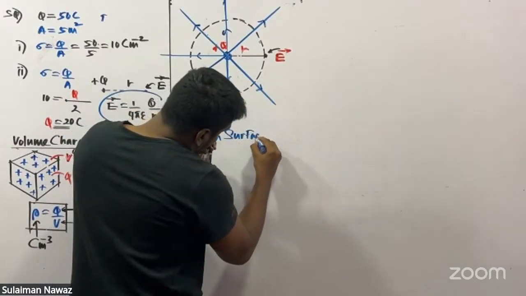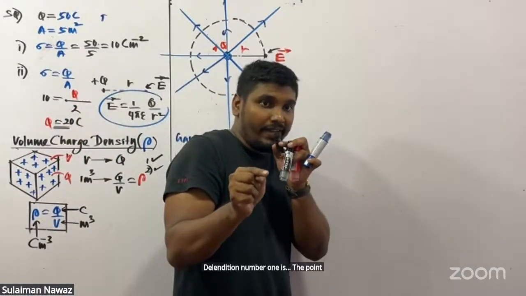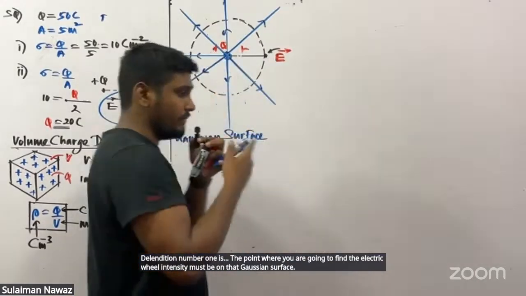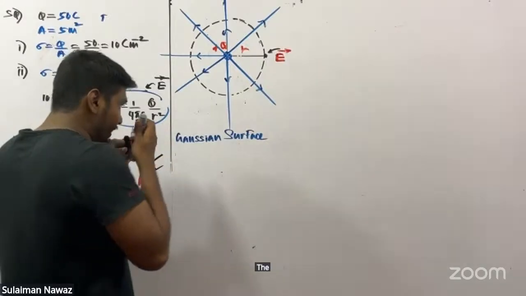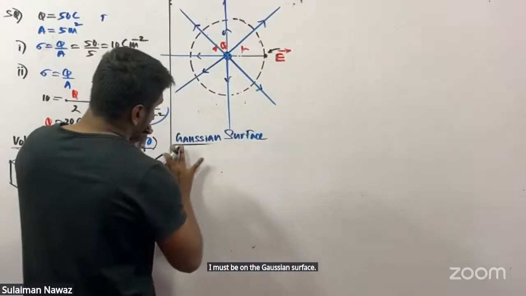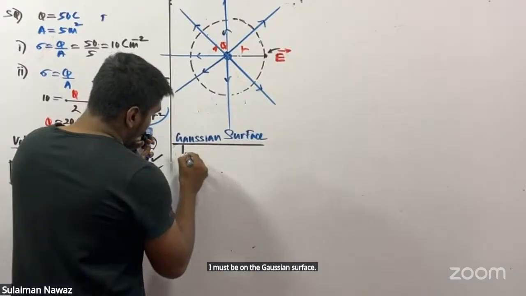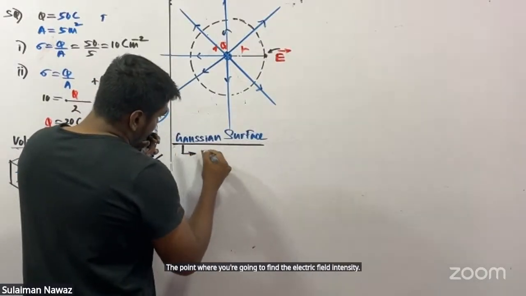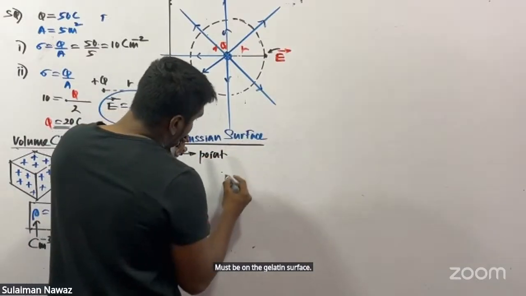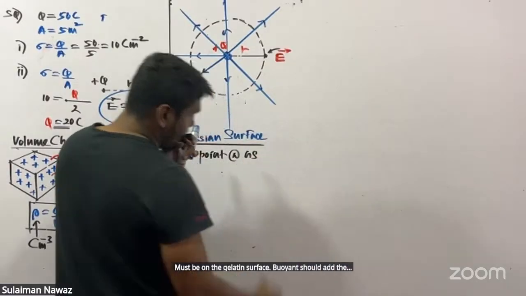Condition number one is the point where you are going to find the electric field intensity must be on that Gaussian surface.